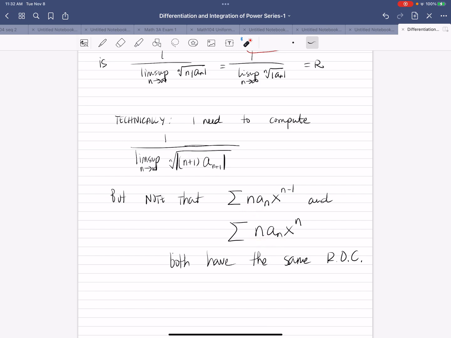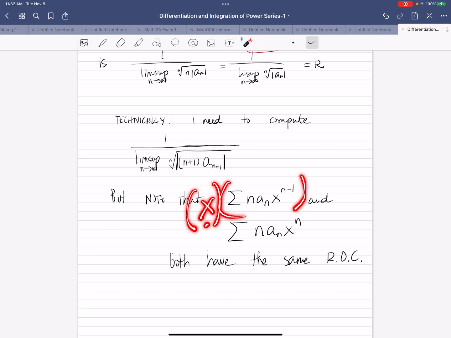The only difference is that to get from this power series to this power series, you just multiply by x, right? And x in and of itself is a power series, but it's a power series with a radius of convergence plus infinity.